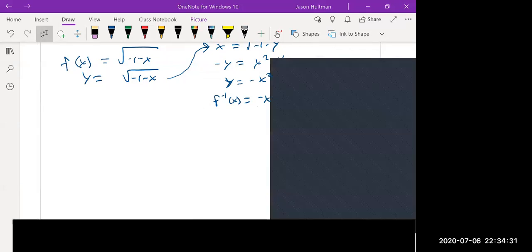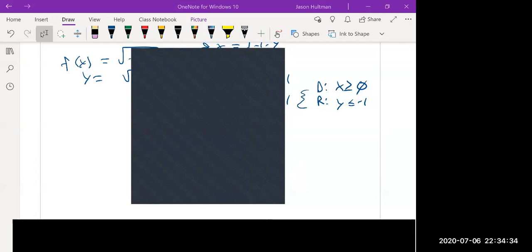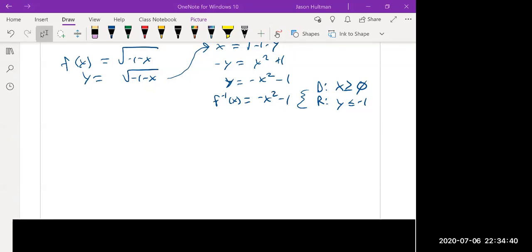Is there a question? For the range, can we just write infinity, -1? Sure, you can, however you want to do it. You can put it in interval notation. You can put it in set notation. You can put it in algebraic notation. This is algebraic notation right here.